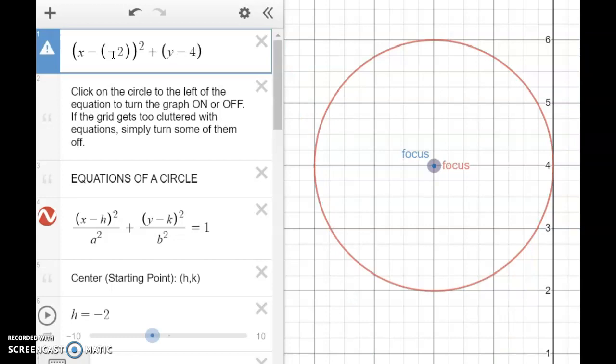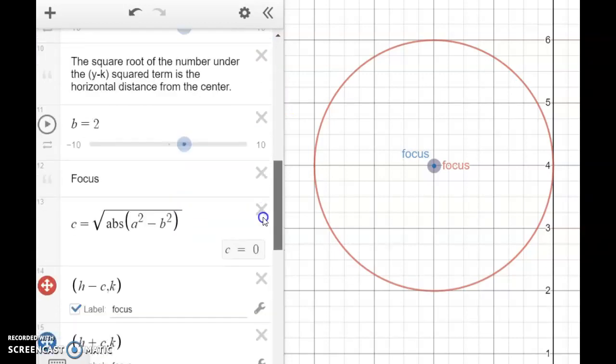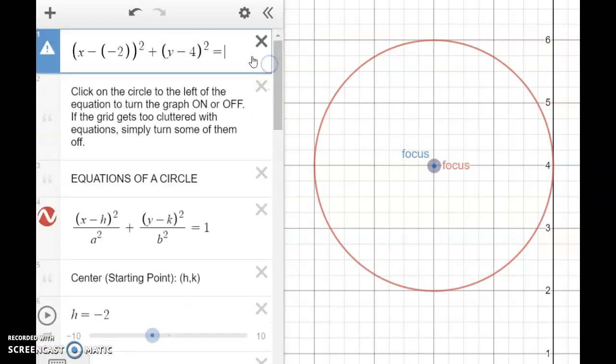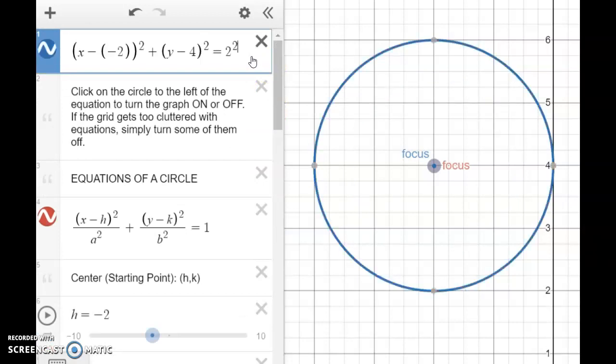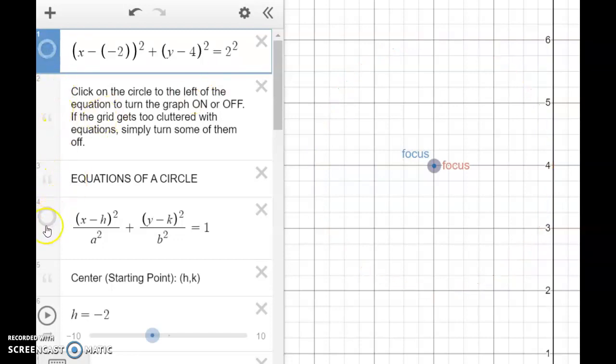I believe that is correct, my center. And then this is going to be different because the denominators are the same. I can just call them 1, but I would have to multiply with my radius squared. And what was it again? What did I choose? 2 squared, right? Yeah, 2 is my radius, and I need to square that because that's how the equation for a circle would look like. And notice they're identical. This one here versus this one here.